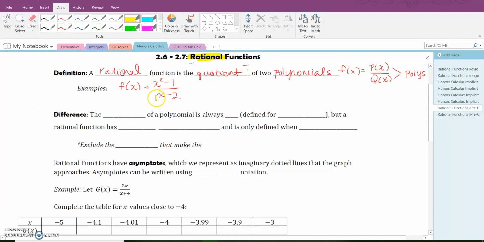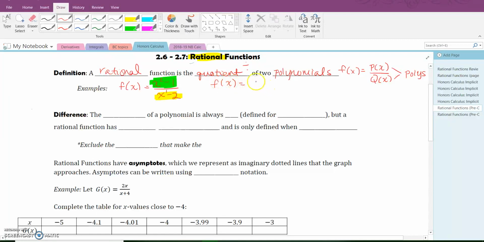Now you might be looking at this saying, oh, that's not a polynomial, this is just a line. But a line is a polynomial. It's a polynomial of degree 1. And then here we have a quadratic, but a quadratic is a polynomial of degree 2. So I have two polynomials divided by one another. So that is an example of a rational function.